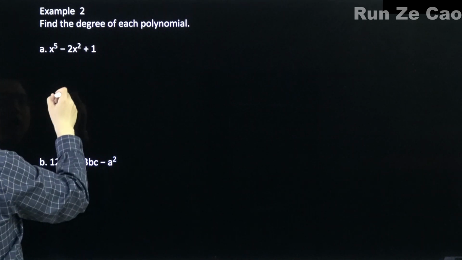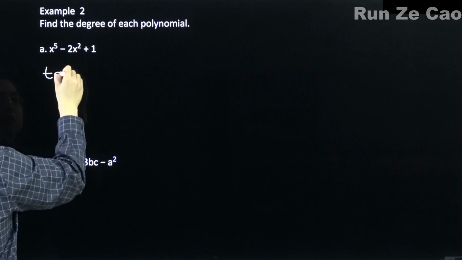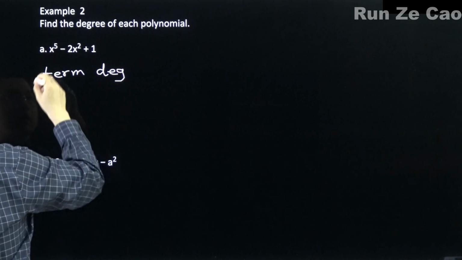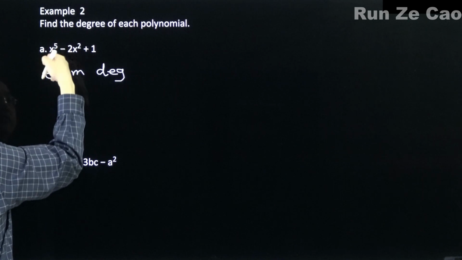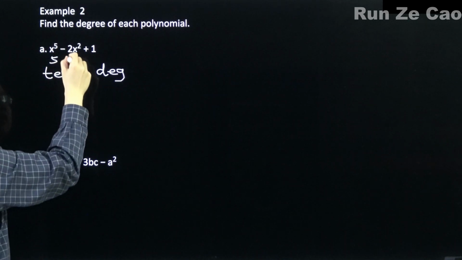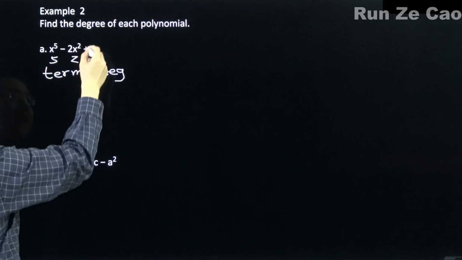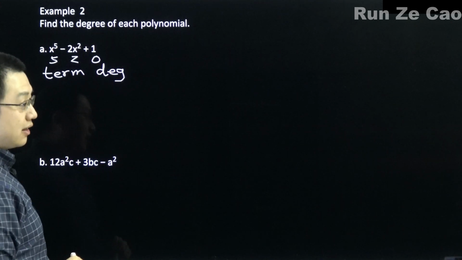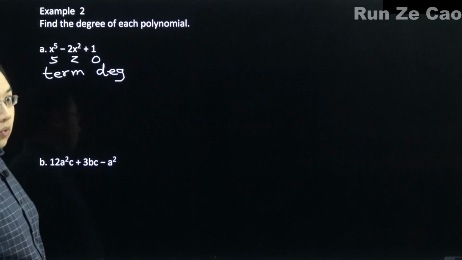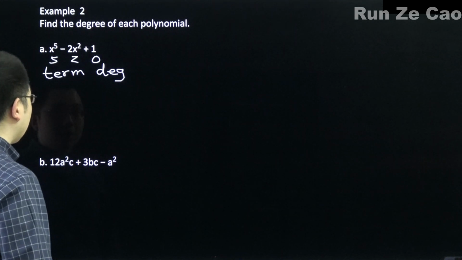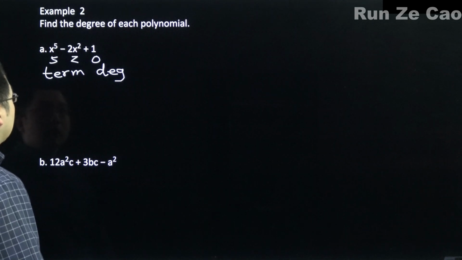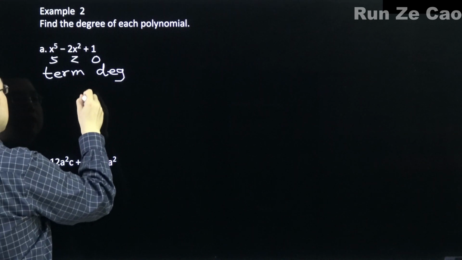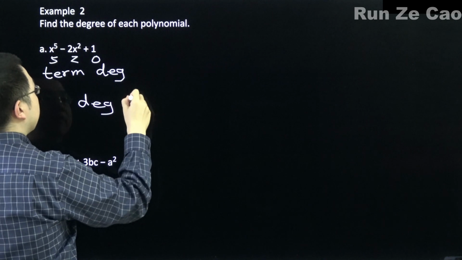So the term degrees are 5, because the exponent here is 5, 2, because the exponent here is 2, and 0, because this exponent here is 0. It's 1 times x to the 0th power. Okay, so what's the degree of the polynomial? The degree is 5.